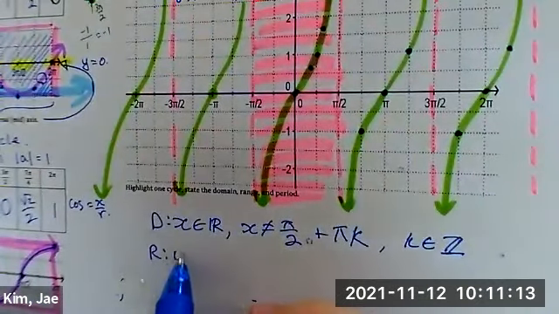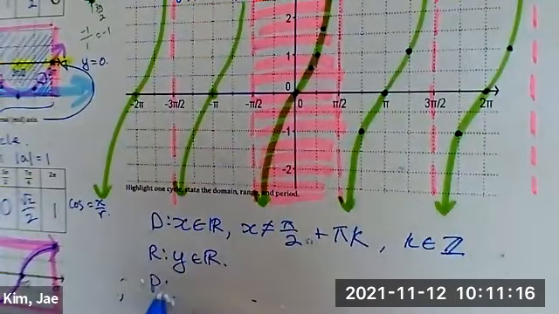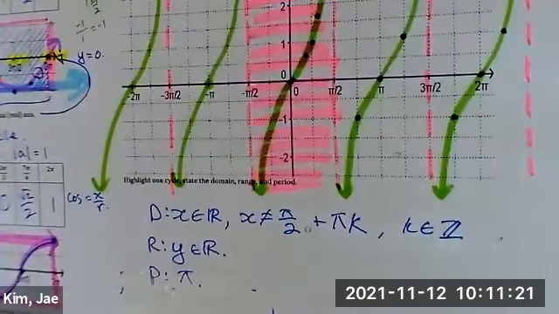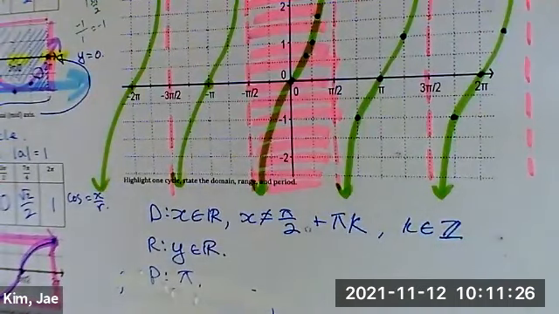Range, well, this one's easy. y could be anything we want. And the period in this case is going to be just pi. Any questions? Yes.